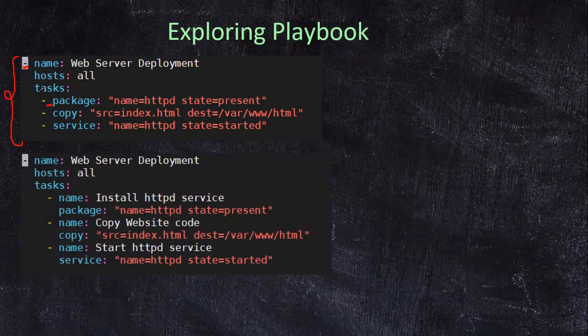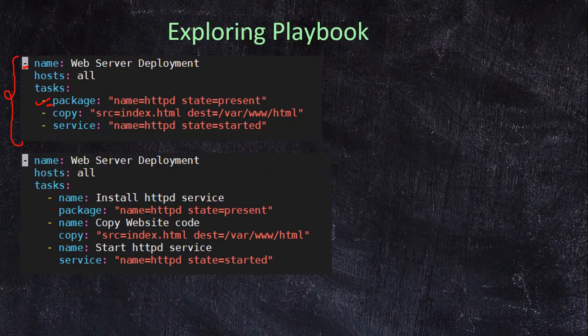Let us see, when we are writing a specific task, what this task is performing. How would we know when somebody else has written a playbook what it is actually performing, the various tasks involved inside the playbook, and what output it is giving? For somebody who has not written it and is trying to go through the code, it will be more convenient if you give the tasks a name.